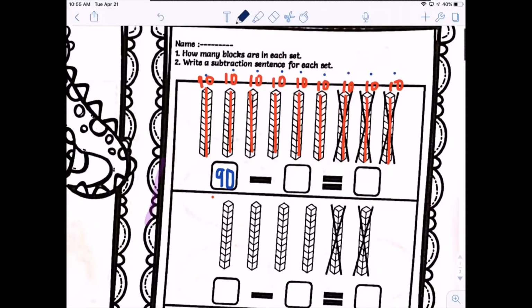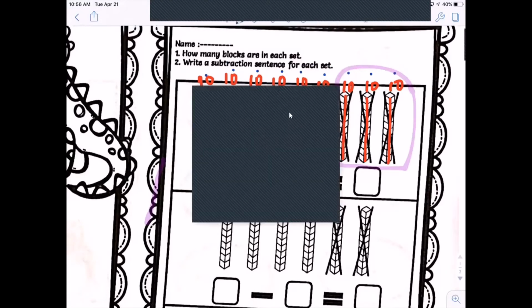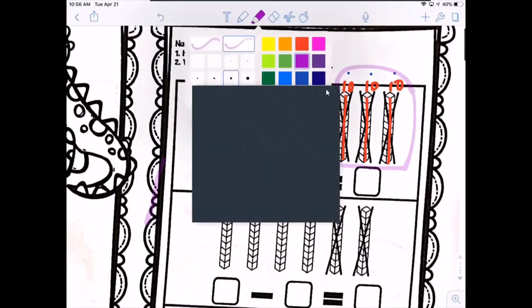Now, how many groups of 10 am I taking out? How many groups of 10 am I subtracting? It's 3 groups of 10. Okay, so do I write only 3? No, because it's the number sentence. I need to add my 0. Okay, and now how many do I have left?